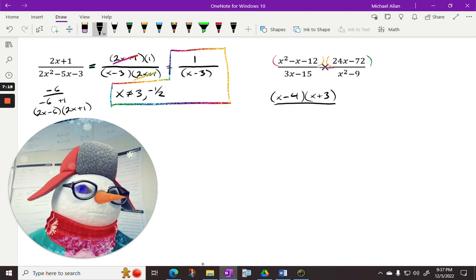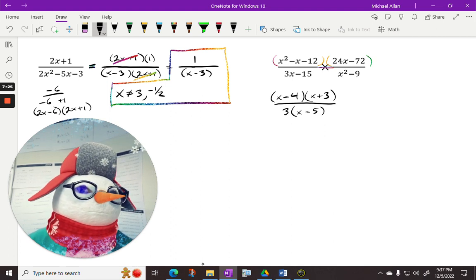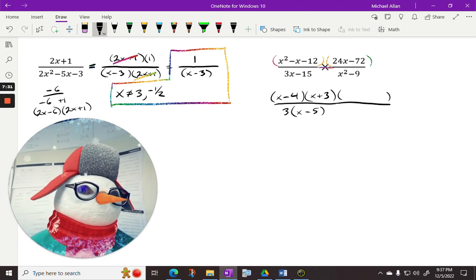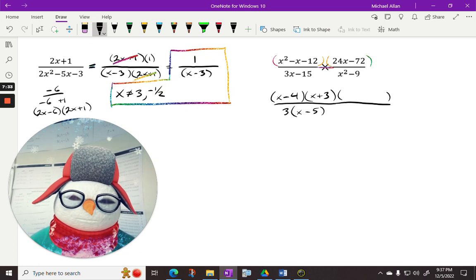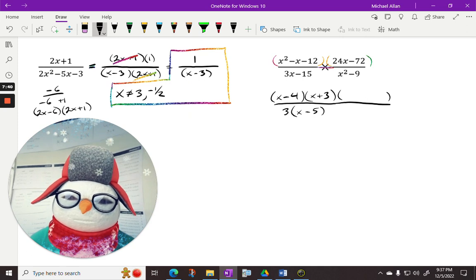The bottom here, I'll just factor a 3 out of that, so I get x minus 5. Always look for those GCFs before you're factoring. The same thing here, I'm going to factor maybe 12 out of both those. Just double check here. Just got my calculator for a reason. Yeah, I can divide them both by 12. Oh, I can divide by 24.